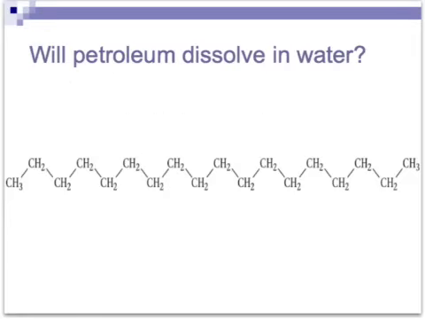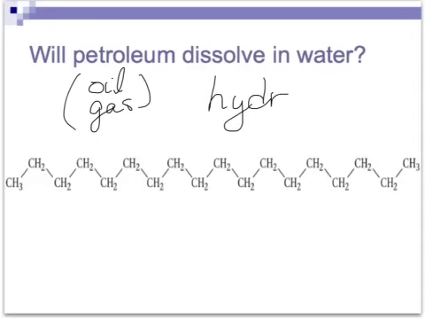Well, petroleum, that just means oil, okay? Oil, gas, all of those things are in the same family. They are all hydrocarbons. Hydrocarbon means a compound composed only of carbon and hydrogen. Hydrocarbons are nonpolar.